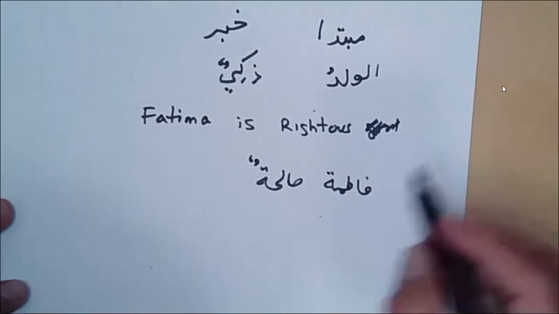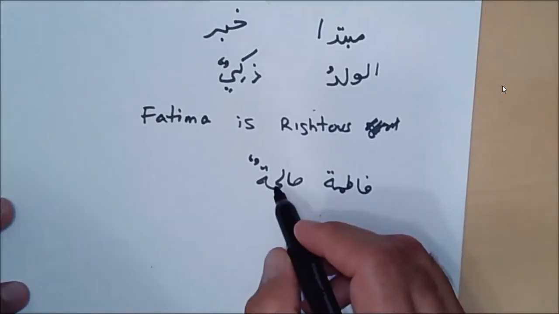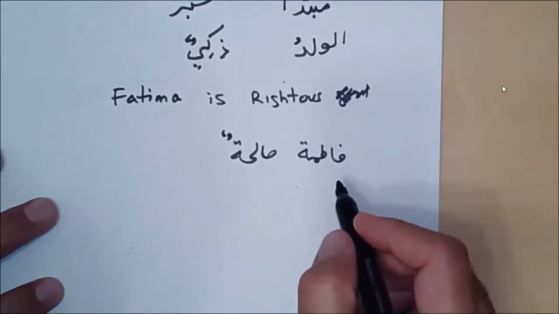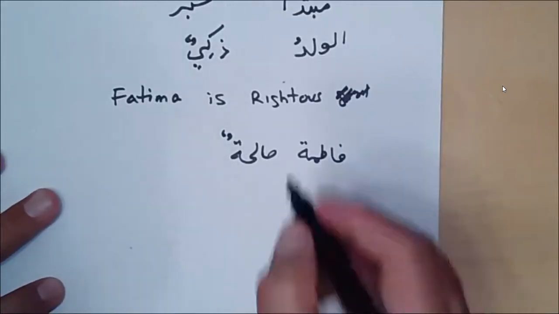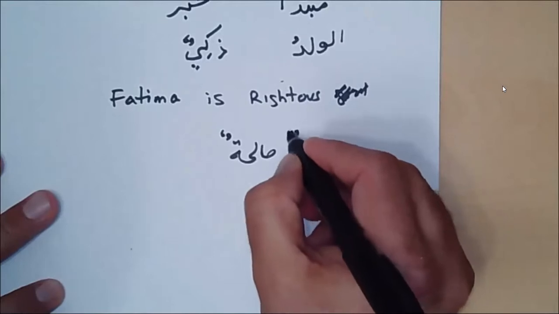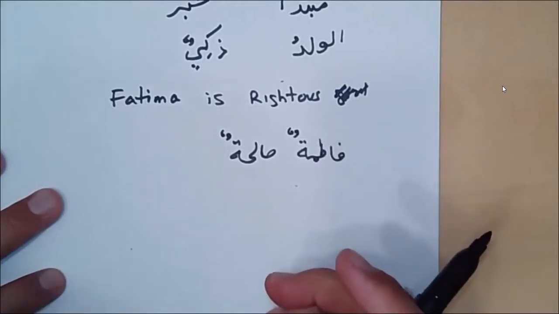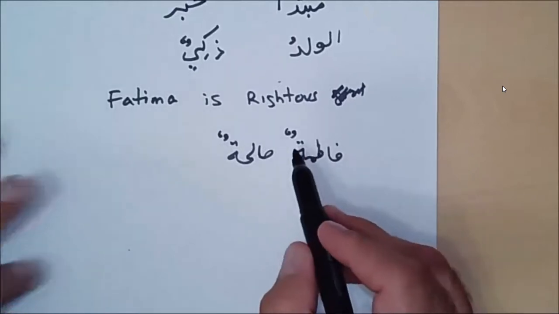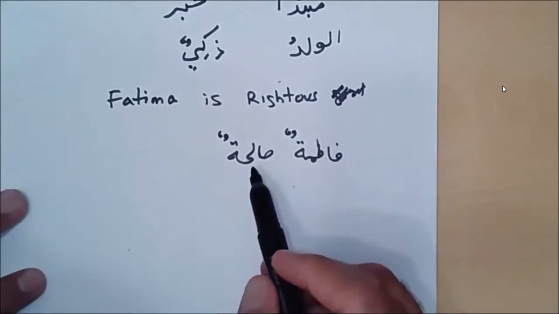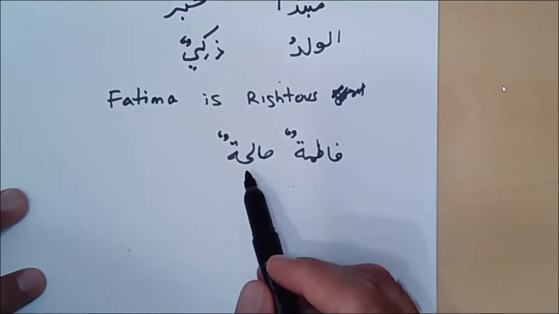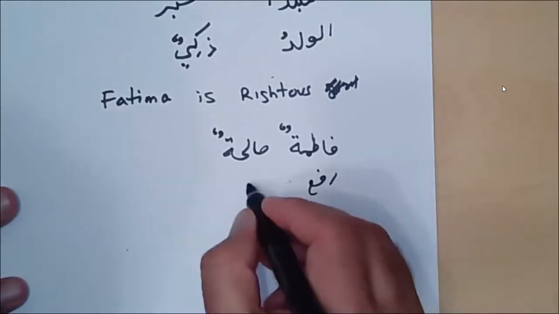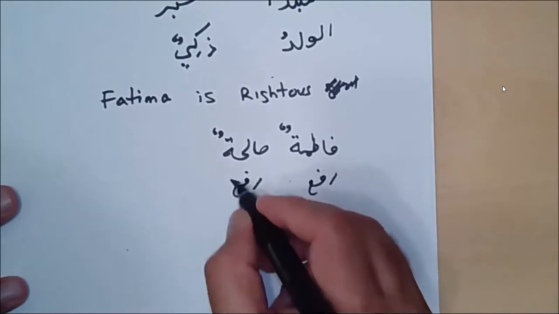Singular. What about Saliha? Singular. Okay. Is Fatima marifa? Yes. So I should say Fatimatun. Only one of them. Okay. Let's stick with that for a second. And then is Saliha nakara or marifa? Nakara. Are they both in Rafa? Yes.